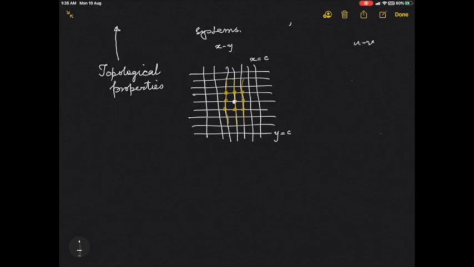Okay. And how does it look? What do I draw first? So I draw the same lines. So this is y equals c1, this is y equals c2, and so on. This is x equals c100, x equals c50, and so on. So c100, c50, all c's are some constant.